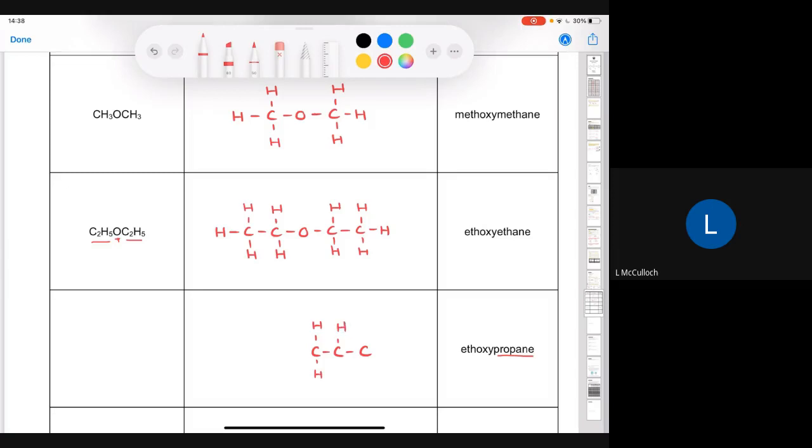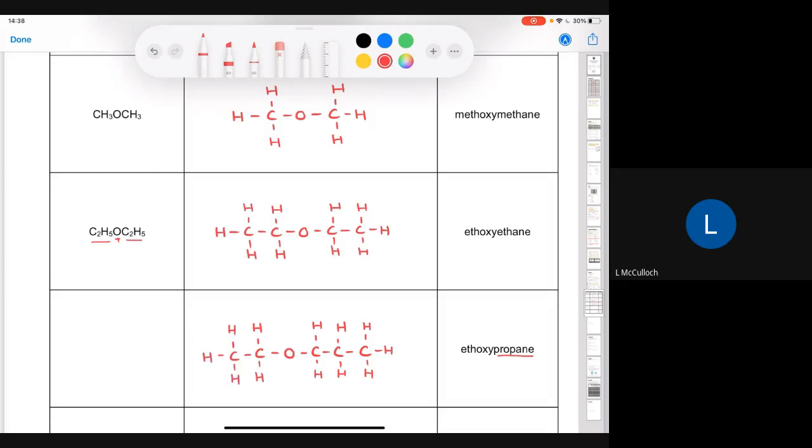So I'm drawing 3 carbons in my longest chain, popping all the hydrogens on apart from 1 on the end carbon, because I'm going to have my ethoxy branch coming off of that. So I'm going to have my oxygen atom there, and then there's an eth attached to that. So that's going to be 2 carbons, like so.